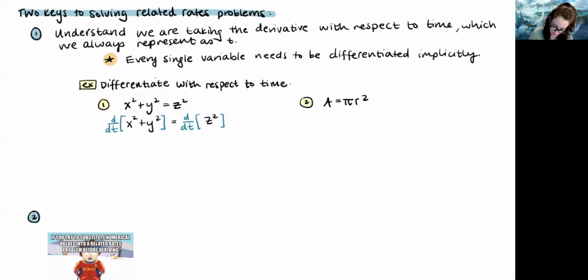So we will differentiate the x squared. Now we're differentiating with respect to t. So x squared gets differentiated like usual, we get 2x. But the x and the t aren't the same variable. So we've got to multiply this by dx/dt now.